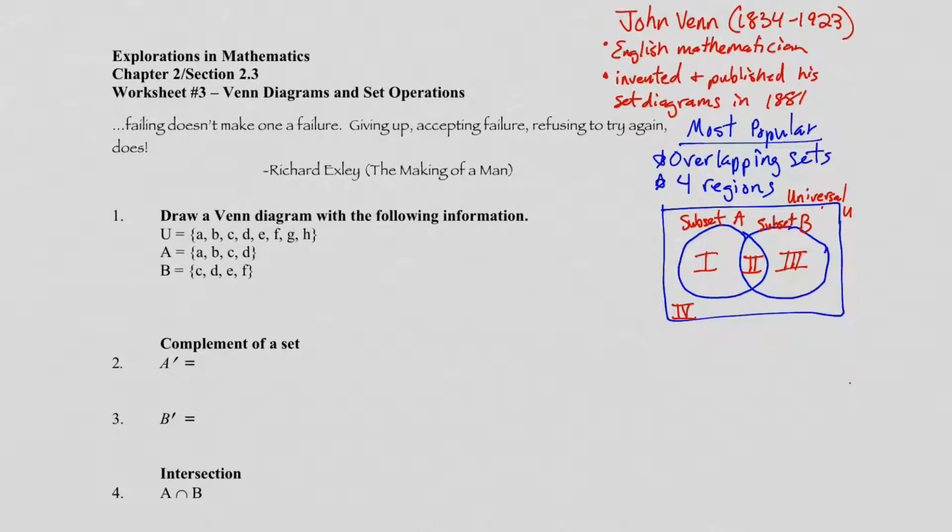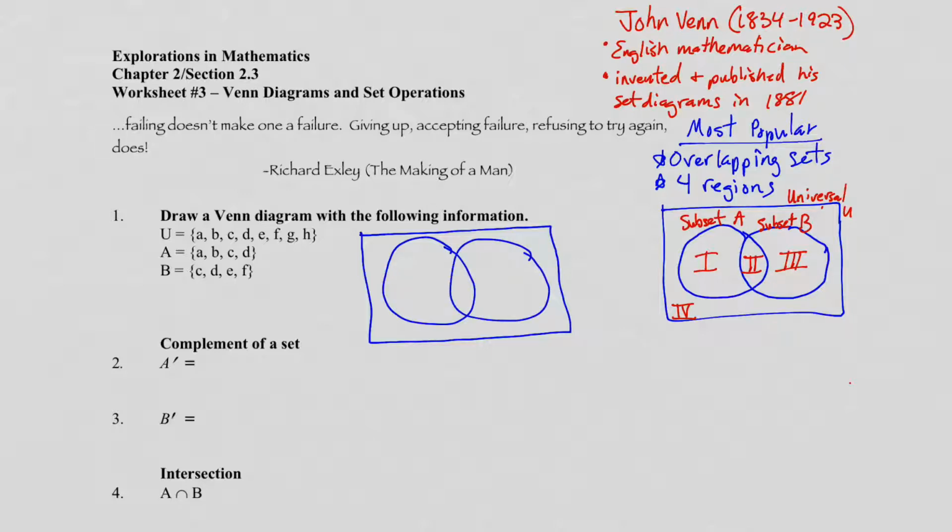Okay? Now, let's go ahead and put this in a Venn diagram. Okay, so set A is right here. Set B is right here. Set A, you can see, has A, B, C, D, and B has C, D, E, F. There are some things in common.